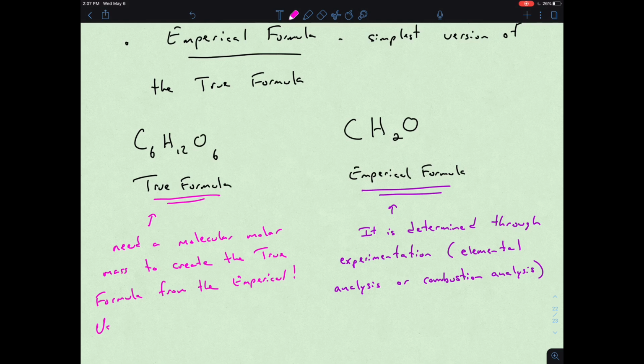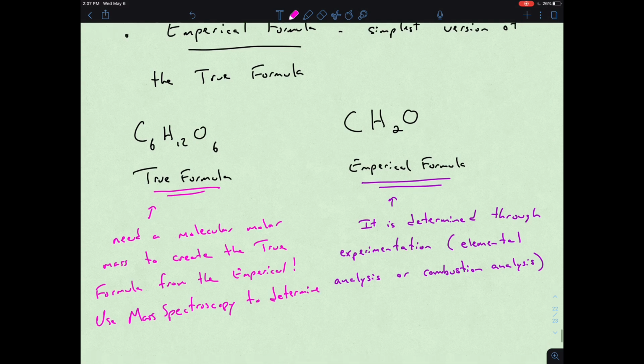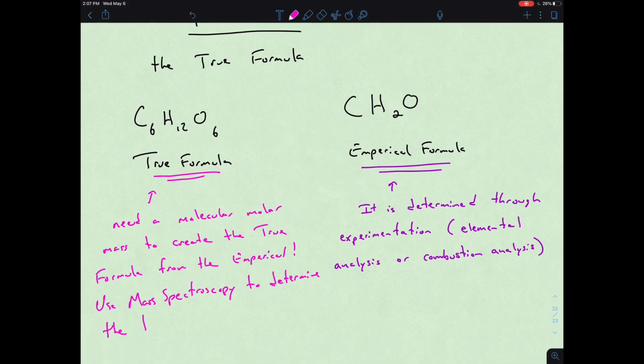We often use mass spectroscopy to determine the true molar mass for a molecule. So we have these two different aspects, but obviously they're both related to one another.